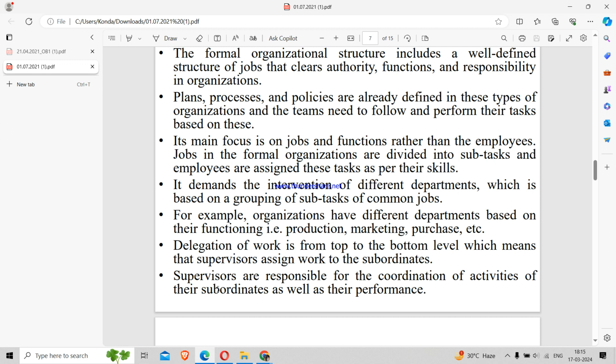So you can see the last point, supervisors are responsible for the coordination of activities and the subordinates as well as their performance. The supervisors looking into a particular field will be liable for effective production as well as ineffective production. They are the ones who will be questioned. Suppose the topmost post is the managing director, he will not go to the subordinate.